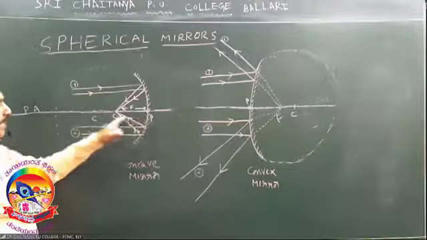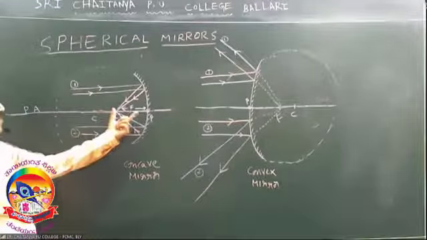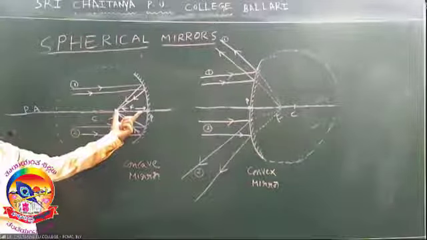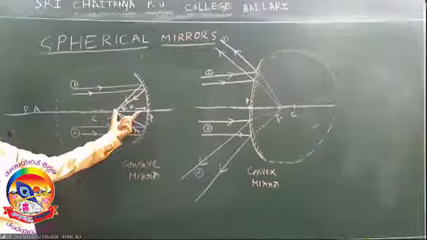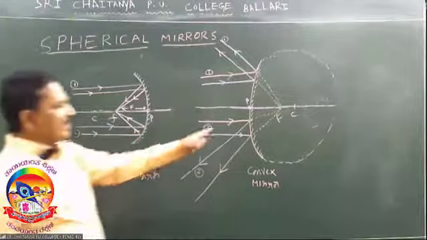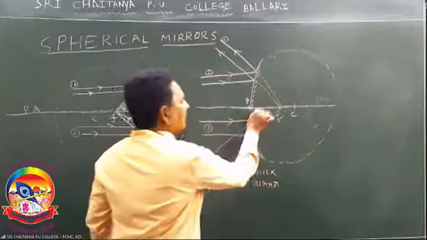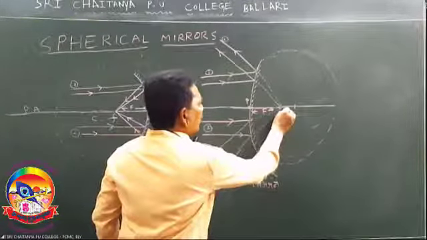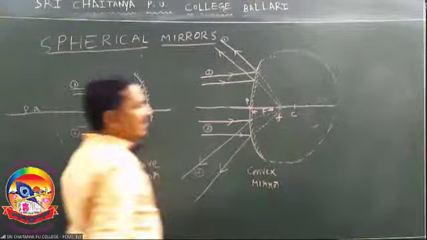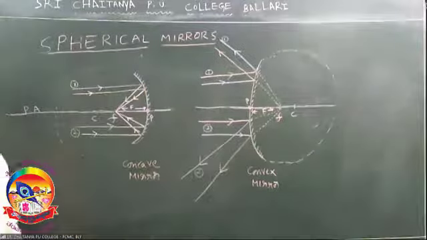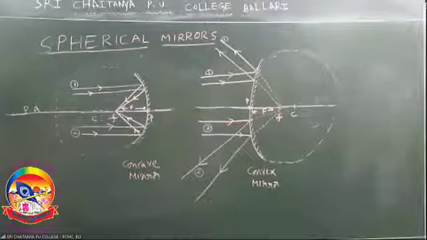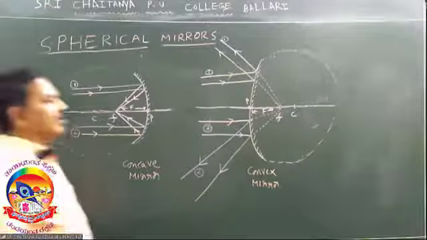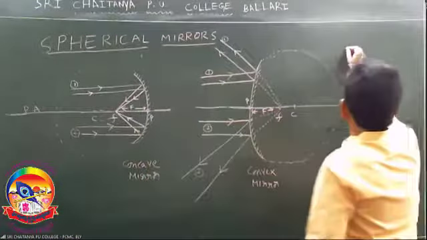Pole to principal focus. If you measure the distance, that is called the focal length of the mirror. Similarly here also, in case of both convex and concave mirrors.